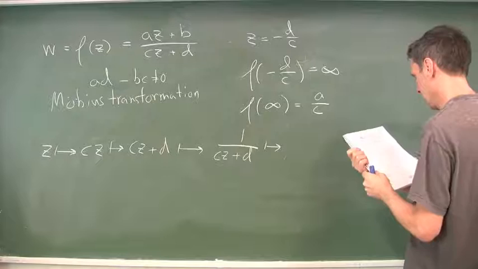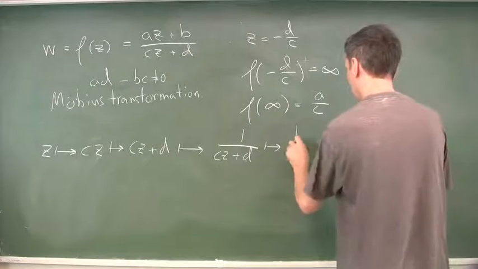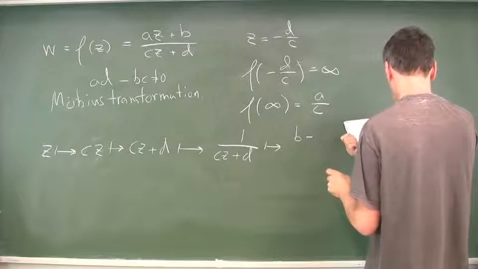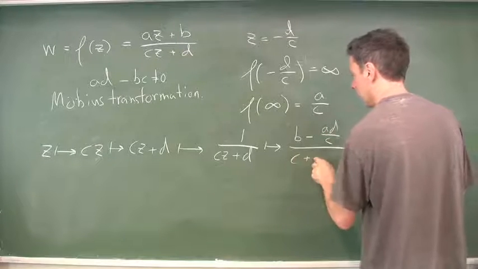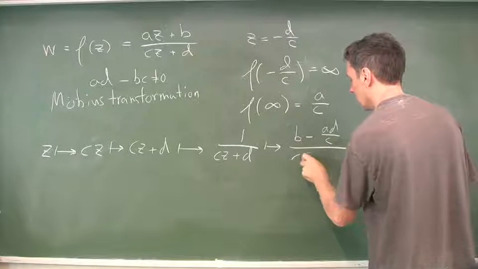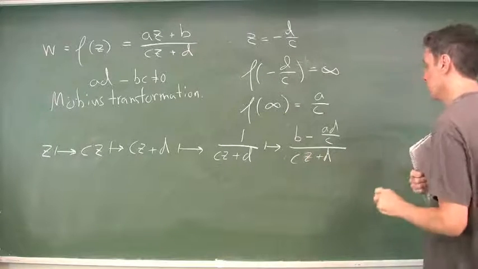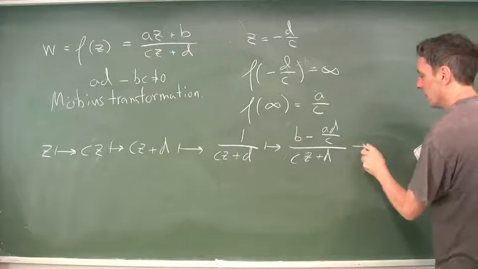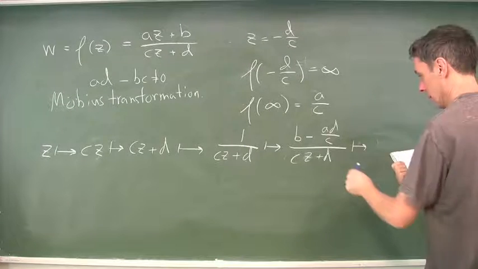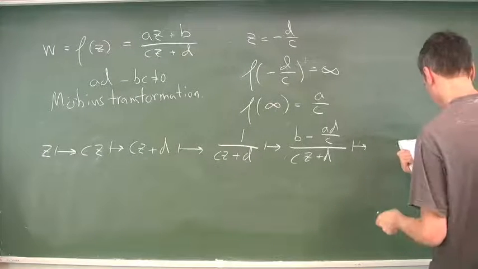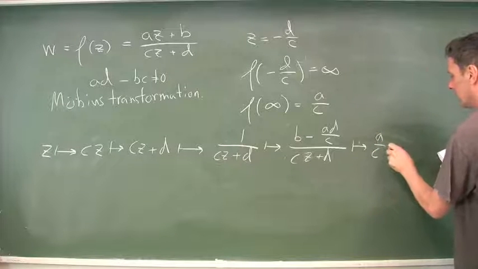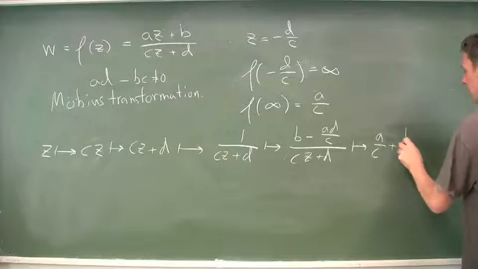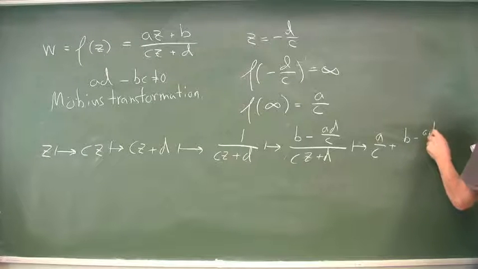In the next step, you multiply this by the factor b minus a times d divided by c. And then in the last step here now, you just add the constant a divided by c. And then you get this expression.